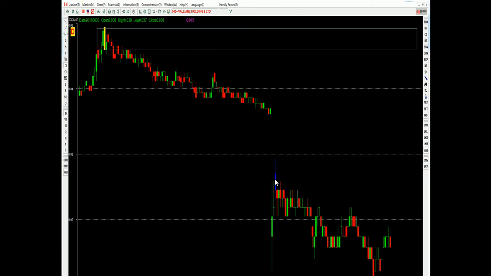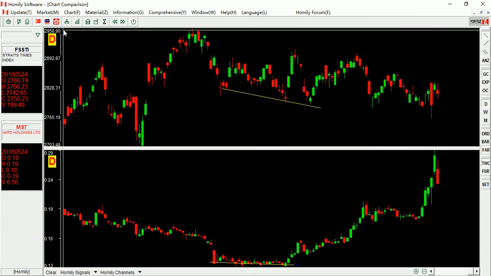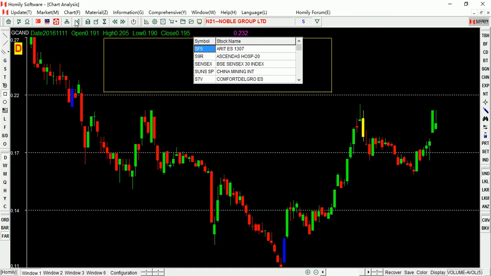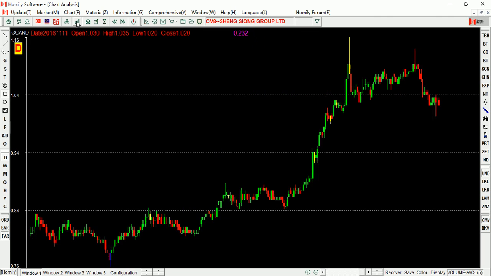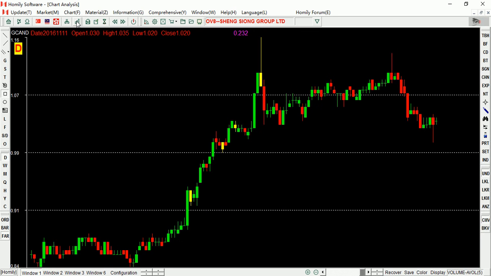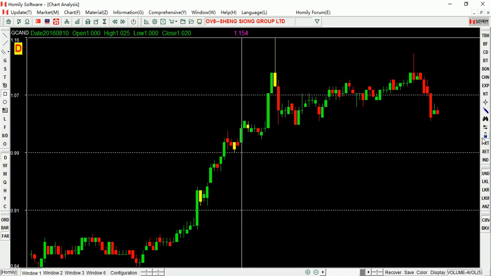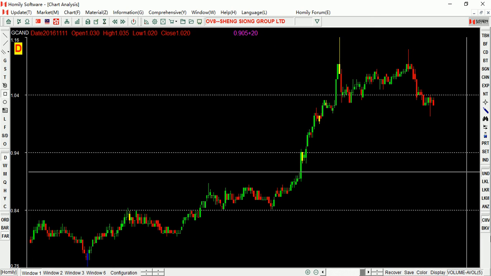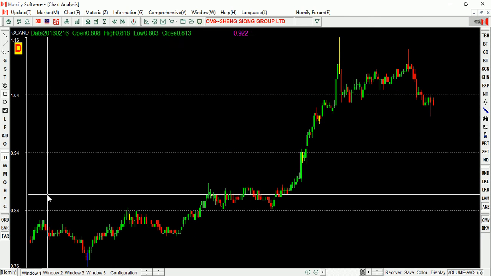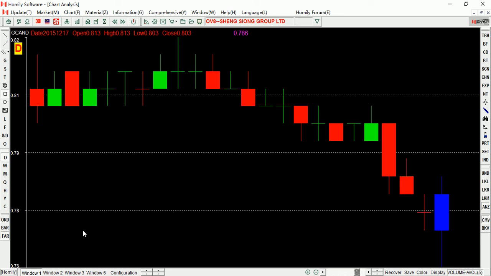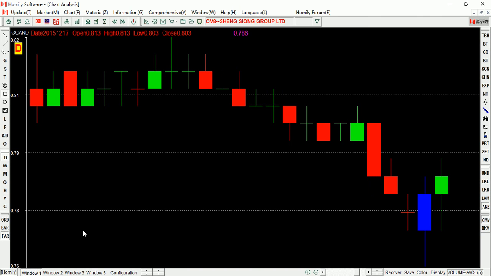So let's see some stocks. Let's see this one. Okay, let's see Samsung, okay? The blue candlestick appears, right. We should pay attention, but whether we can go in or not, buy or not.